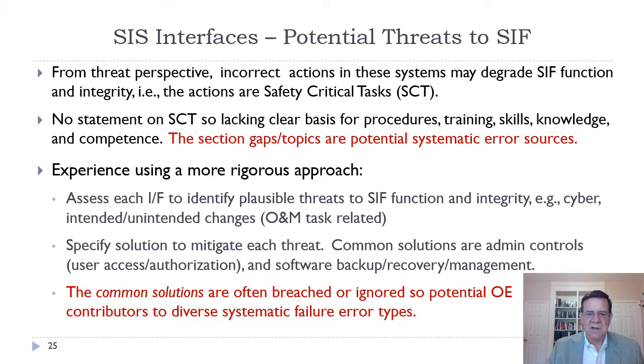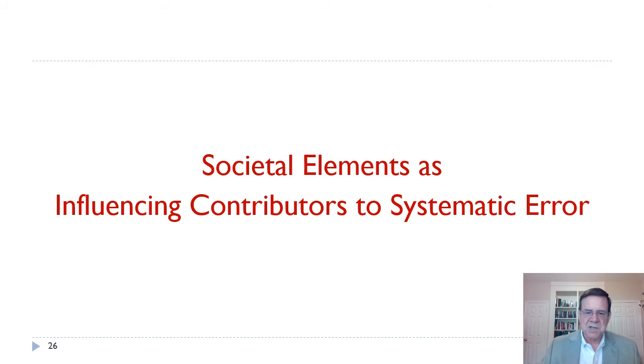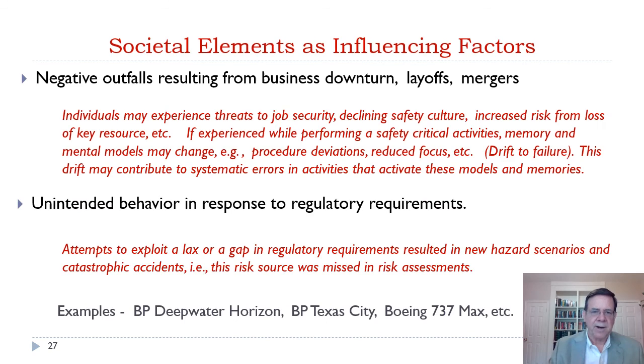Since these solutions are often breached or ignored, they are a source. And from a cyber perspective, if someone's going to do a cyber attack, getting into an asset management system would be really problematic. So let's move on to societal elements influencing contributors to systematic error.